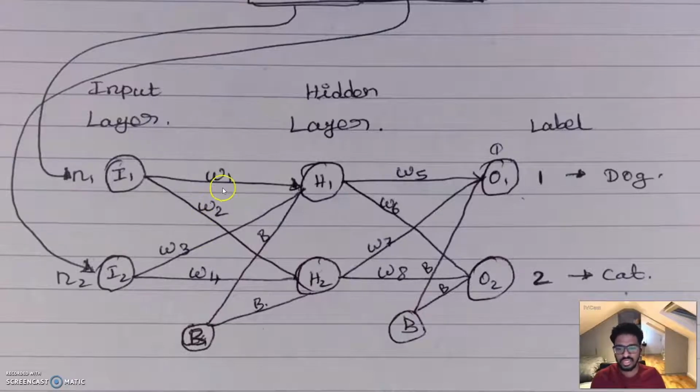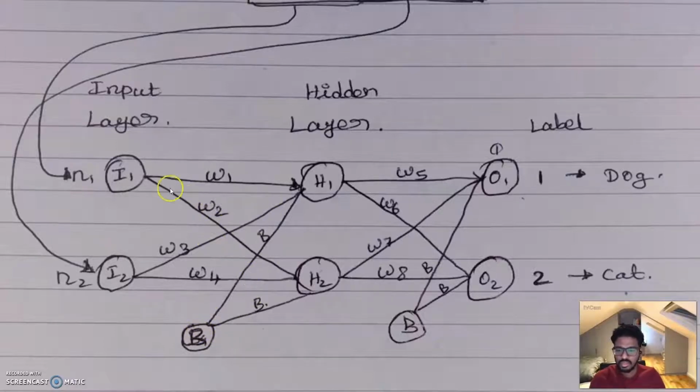So we would be initializing all these weights with some random values, and even the biases are used with some random values at the initial forward pass. And I will tell you why we need this bias, and this is very helpful. Biases are making the network more flexible.